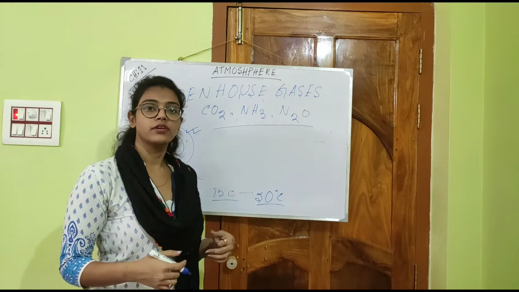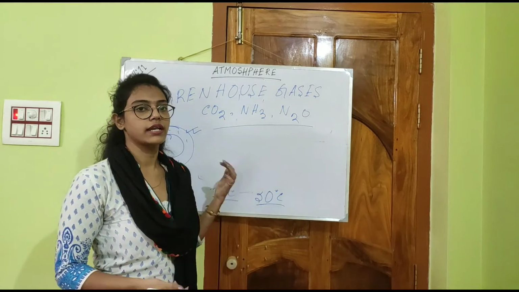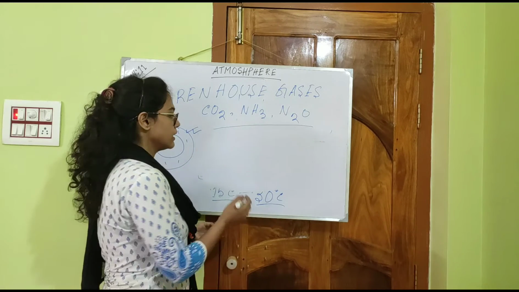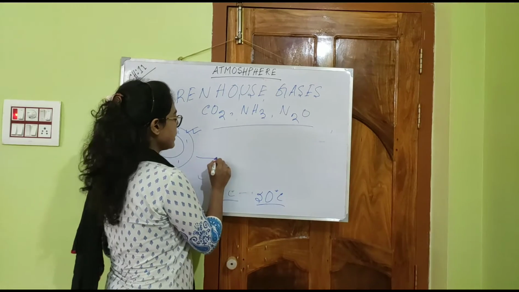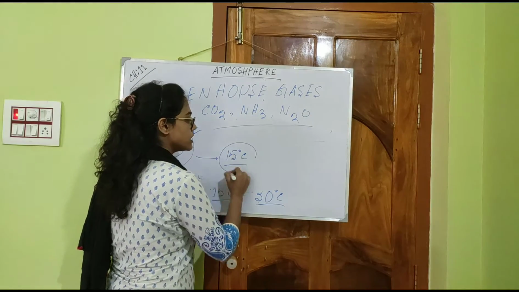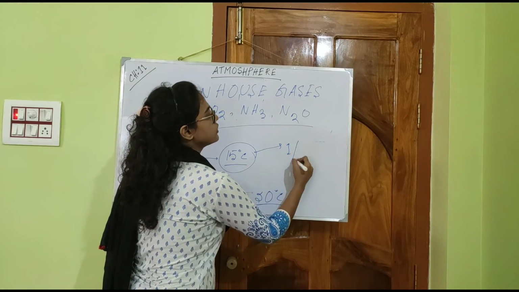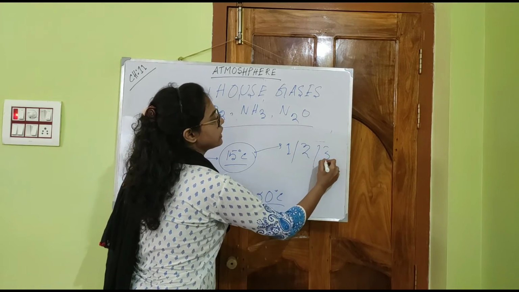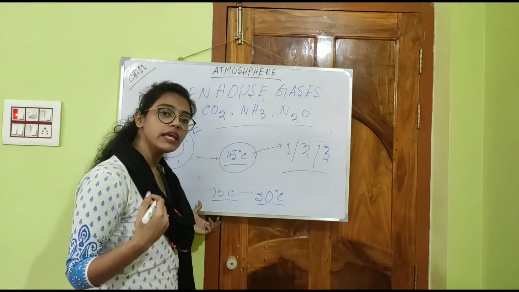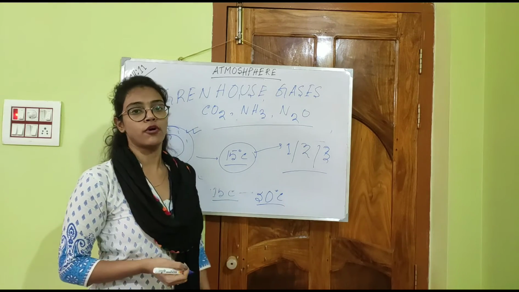But if the percentage of carbon dioxide, methane, these gases increases, then what is happening? The average temperature now is 15 degrees, I said. So this 15 degrees will increase, by 1 degree or 2 degrees or 3 degrees. If the temperature of our earth increases, that is also harmful for us.